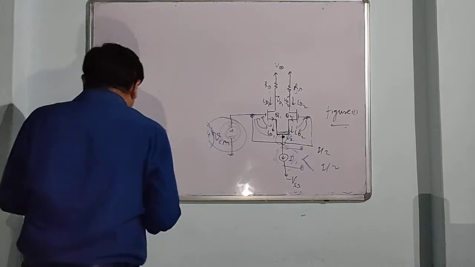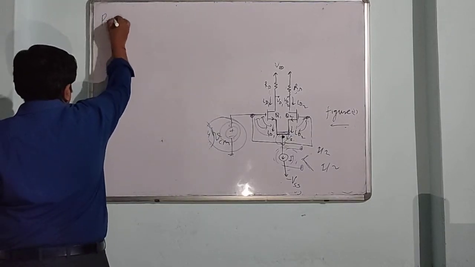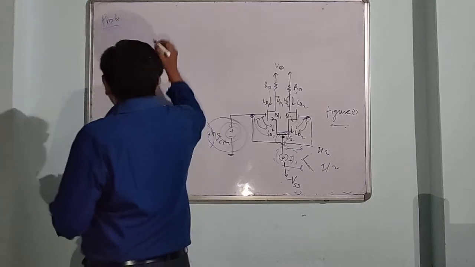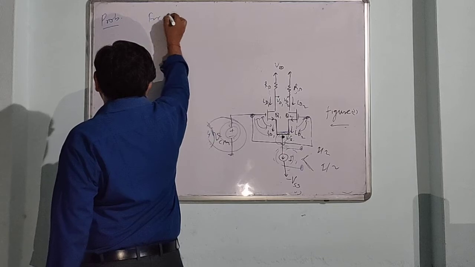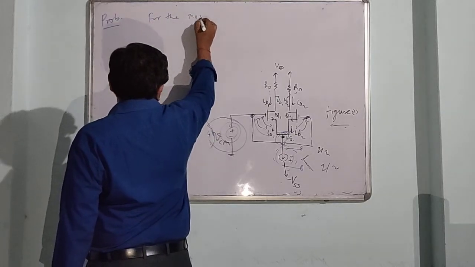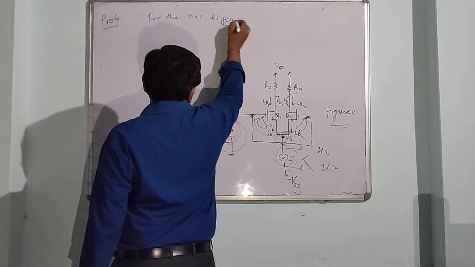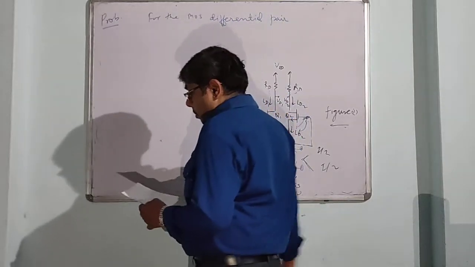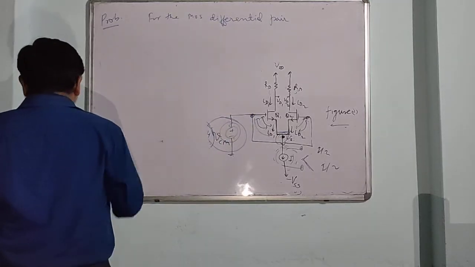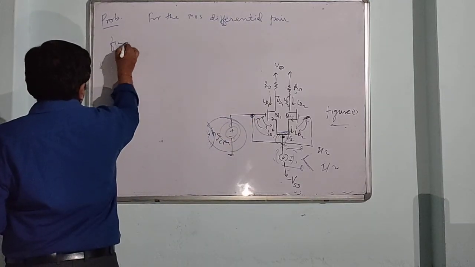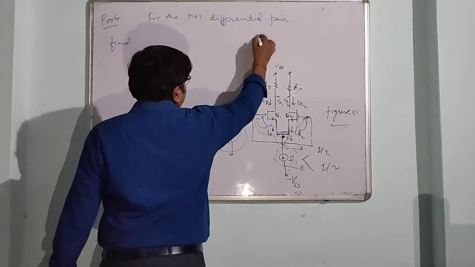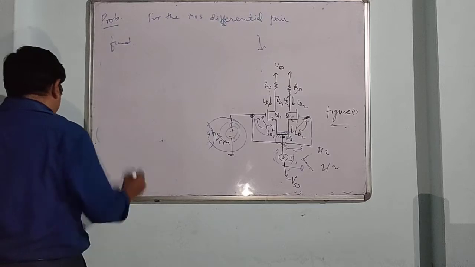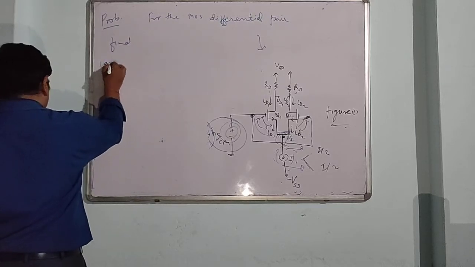For the MOS differential pair, next problem. The problem is the same, for the same figure. Find the value of VID, first part.